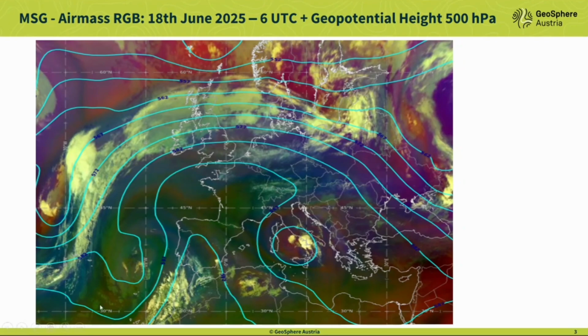So we have this ridge over the western parts of Europe here, this upper level low, which triggered these thunderstorms over southern Italy. We have here this trough we already mentioned before because of the PV anomaly. And yes, that's what it looks like. And this ridge over Western Europe brings a widespread, stable weather situation.